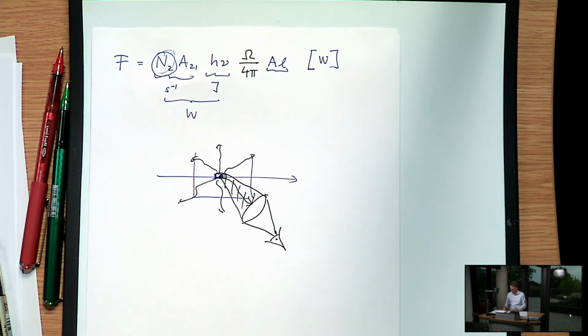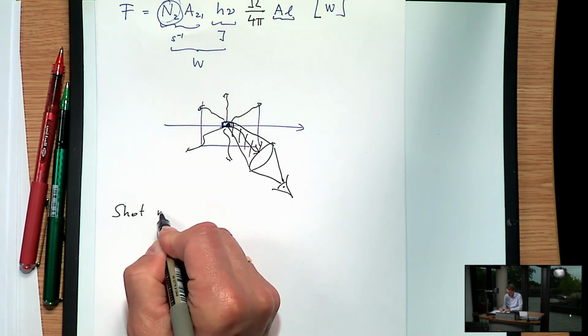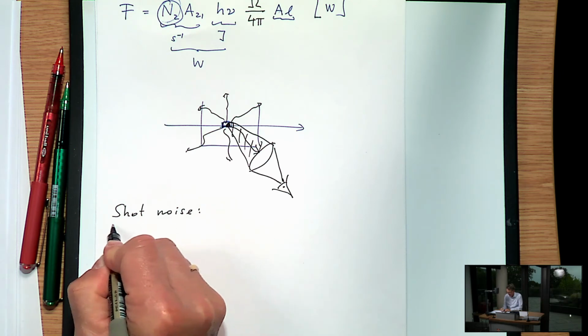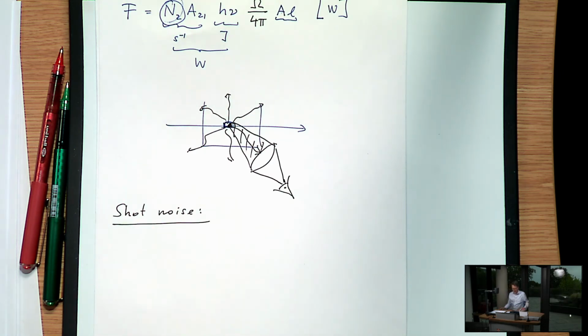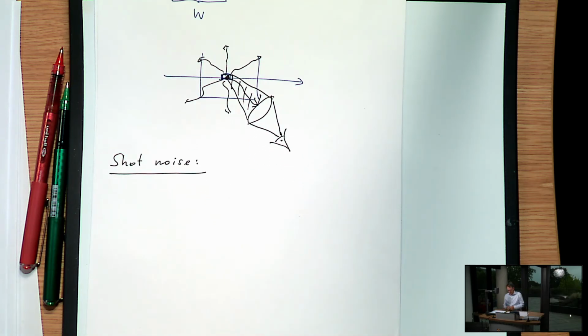Okay, so I just want to give you a very, very tiny last bit, which is shot noise. And shot noise is a quantum effect. So essentially, it comes from the fact that photons that are emitted don't come in steady streams, right?